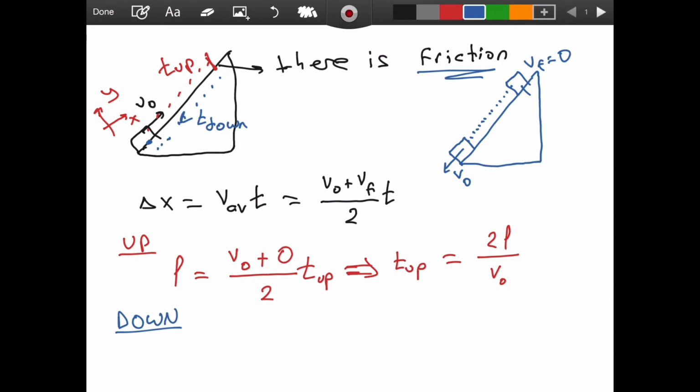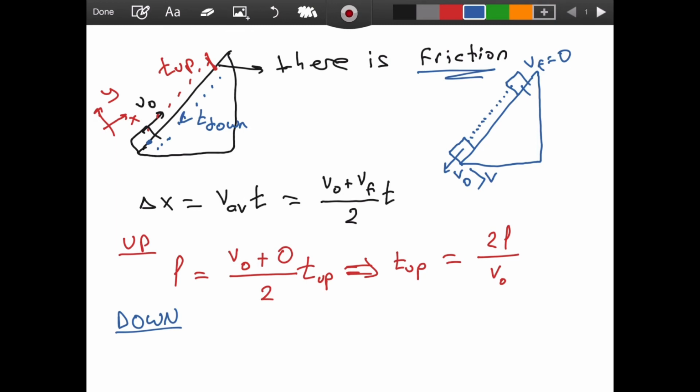But in any case, it was lost. So our velocity here, which I will call v, should be less than v naught. I hope this makes sense, right? You lose some of your energy to friction, so when you come back to your starting position, you now have less kinetic energy, so less velocity.